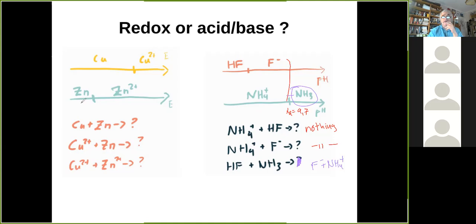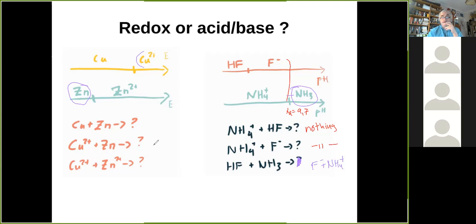Copper and zinc, if you put two plates on top of each other or in a solution, hardly anything happens because they can coexist. Copper 2+ and zinc metal, on the other hand: copper 2+ can exist only in electron poor or low electron activity surroundings, and zinc metal can only exist at high electron activity surroundings.